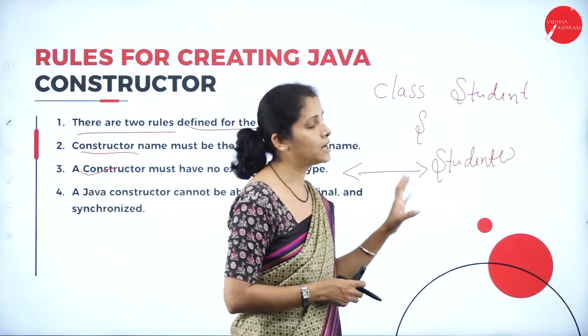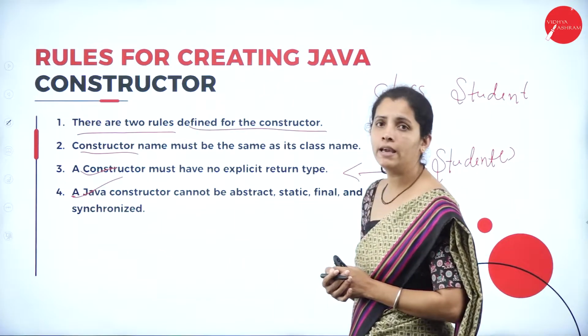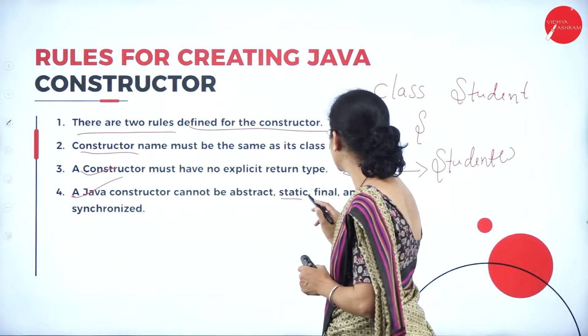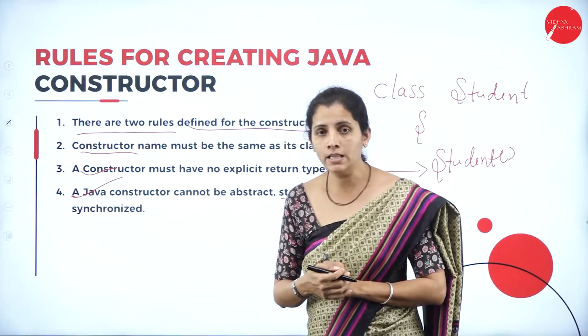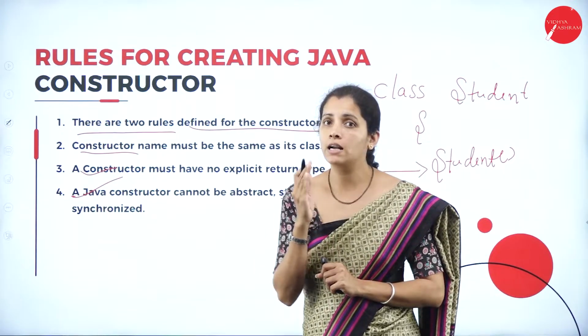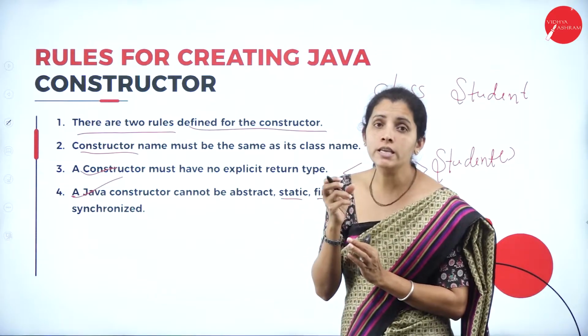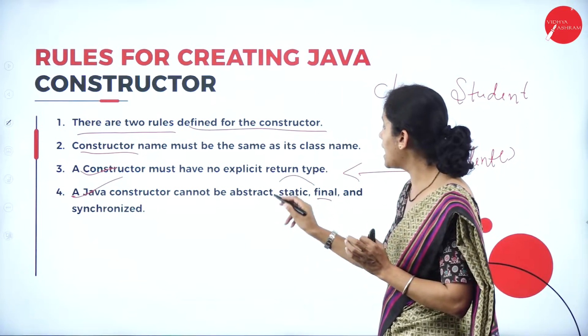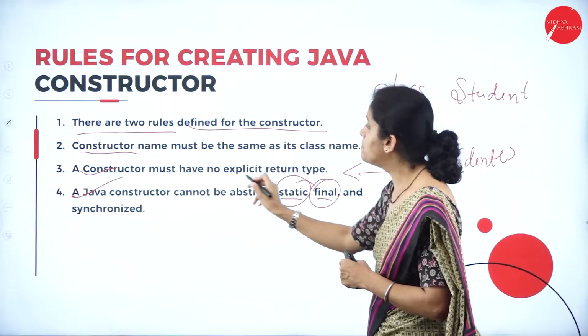Then it is called a constructor. A Java constructor cannot be abstract, static, final as well as synchronized. That means while creating a Java constructor, I cannot use keywords like static, final, abstract as well as synchronized.